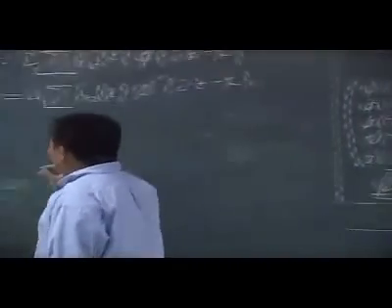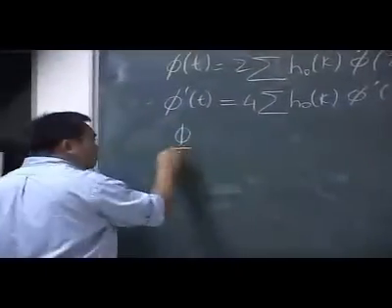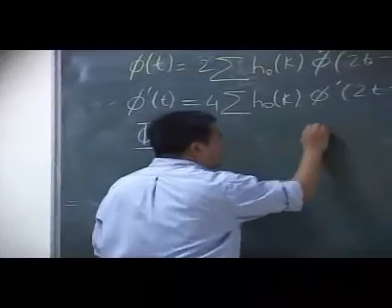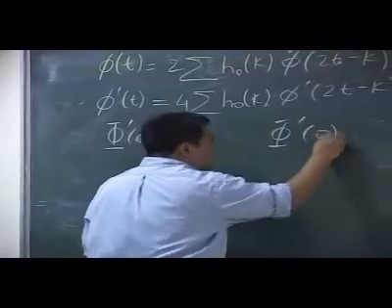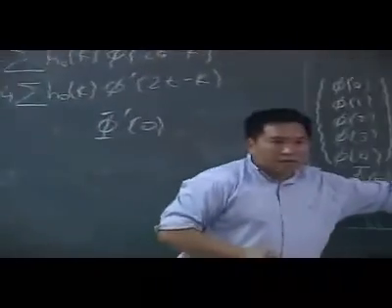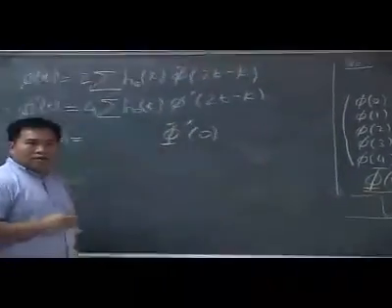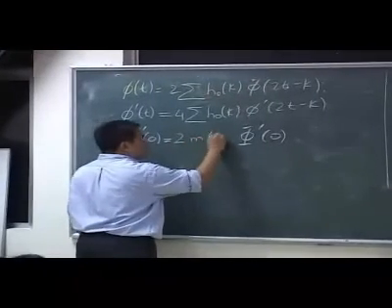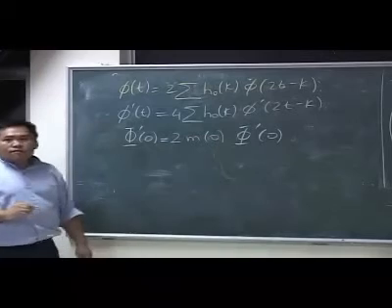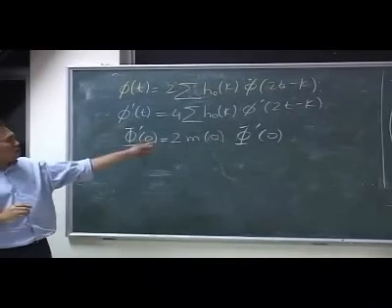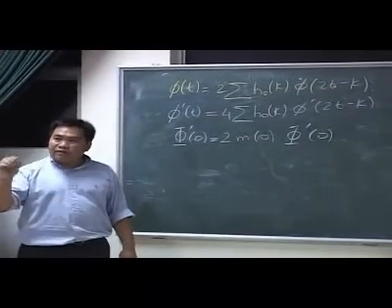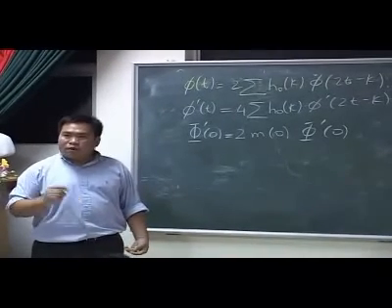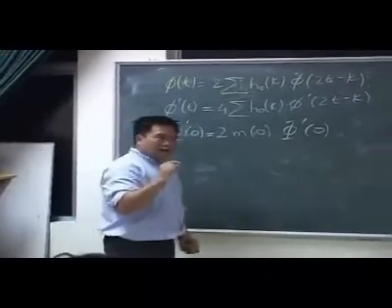So what would be the vector phi prime of 0? I'm looking for something like this. Okay? What would it be? 2 M0. So what is the condition on M0 now so that the derivative exists at those points? A 1/2 eigenvalue, right?